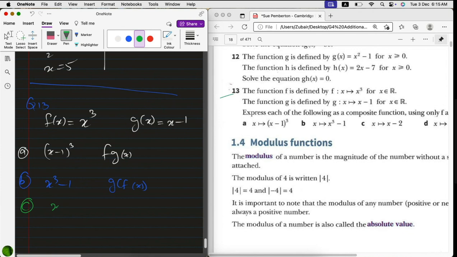C part, x minus 2. One thing, if you're looking at x minus 2, clearly f is absent. So this is g into g, because only g will not give us minus 2.